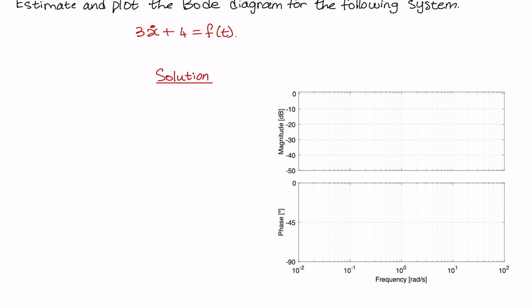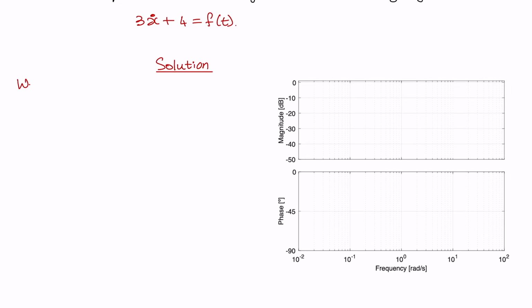We're going to first compute the FRF. We do that by taking the Laplace transform of 3x dot plus 4x, which is equal to the Laplace transform of f of t.